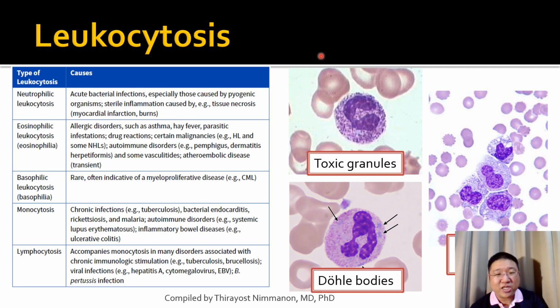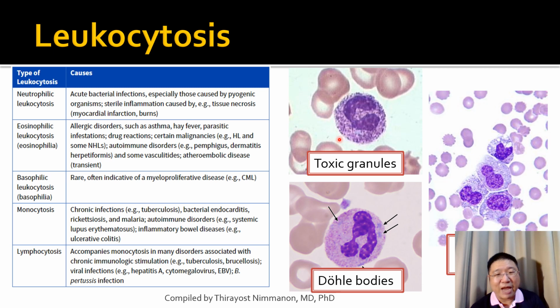For patients with severe infection, we may see abnormal features within the neutrophils, such as toxic granules. These are primary granules within neutrophils, and when in severe infection, the development of neutrophils may have some problem.